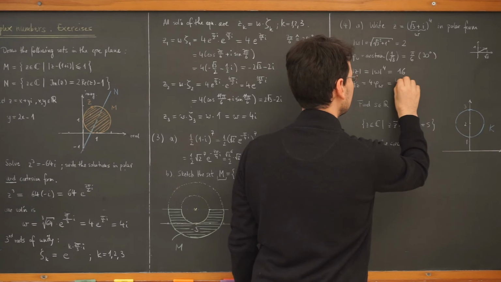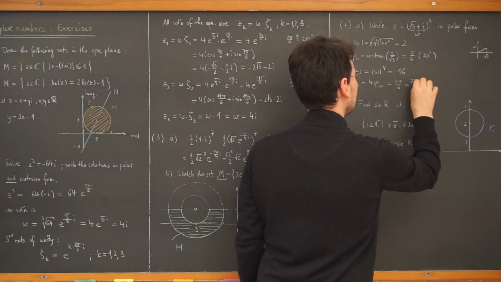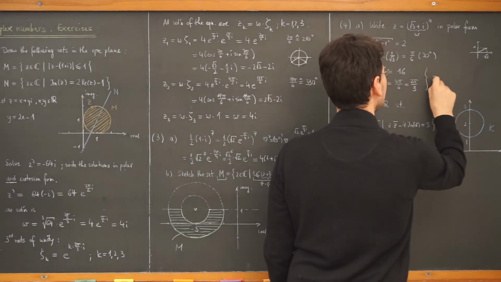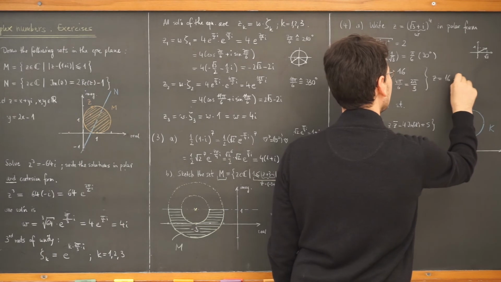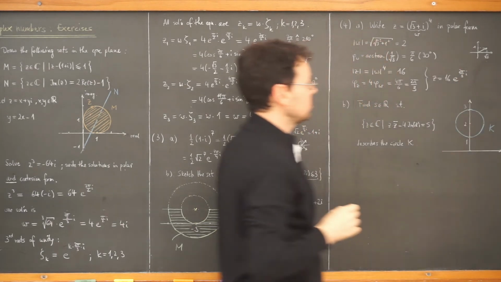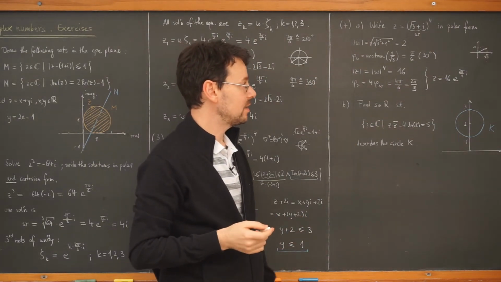So this is 4 pi over 6 or 2 pi over 3. So z would be that number in polar form, and that's it.